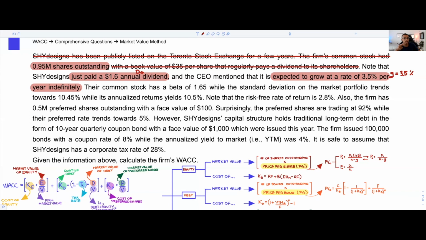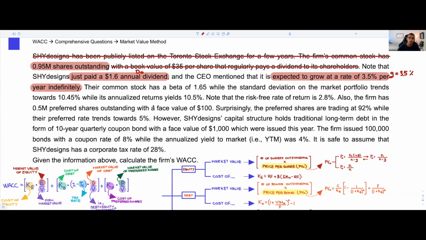Now, if we move on to the next sentence, they're telling you that their common stock has a beta of 1.65, while the standard deviation on the market portfolio trends towards 10.45%, while its annualized returns yield 10.5%. So let's walk through the noise here. Let's highlight what's relevant.